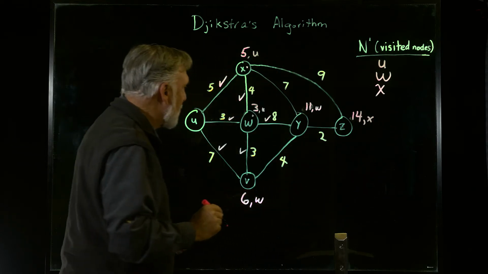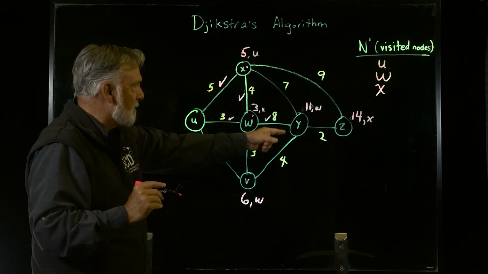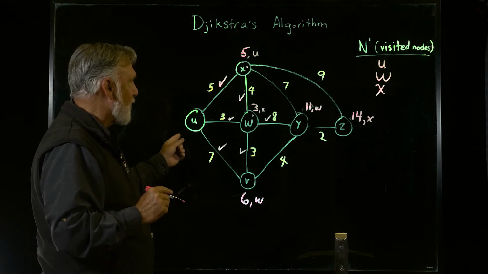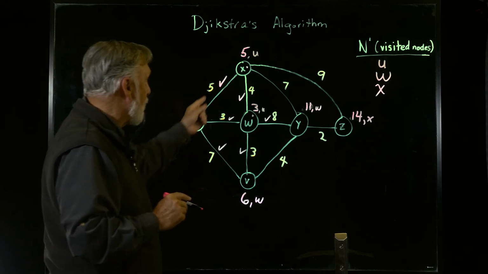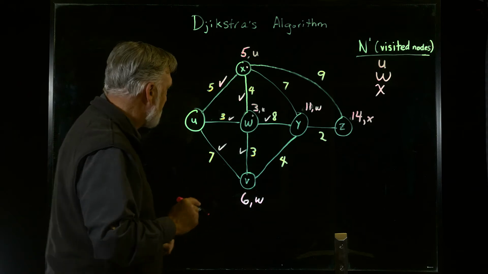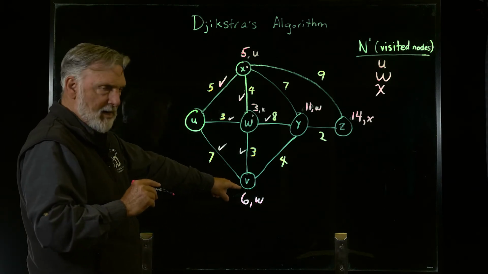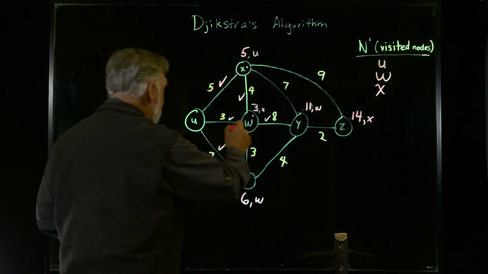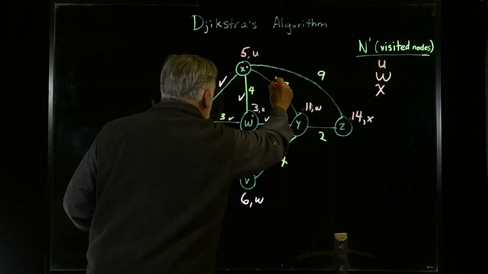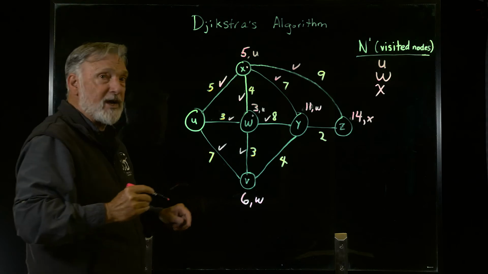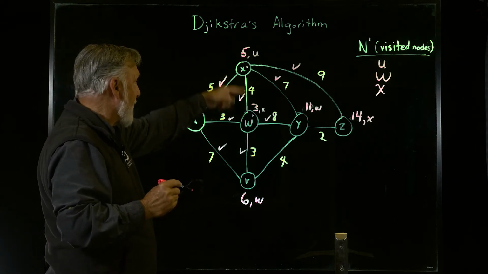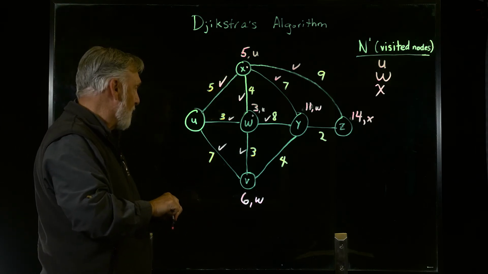So with our notation, the cost to get from U to Z is 14 by going through node X. Next, we're going to visit V. We haven't visited that yet. Oh, by the way, I'm checking off the paths from X that we just explored.